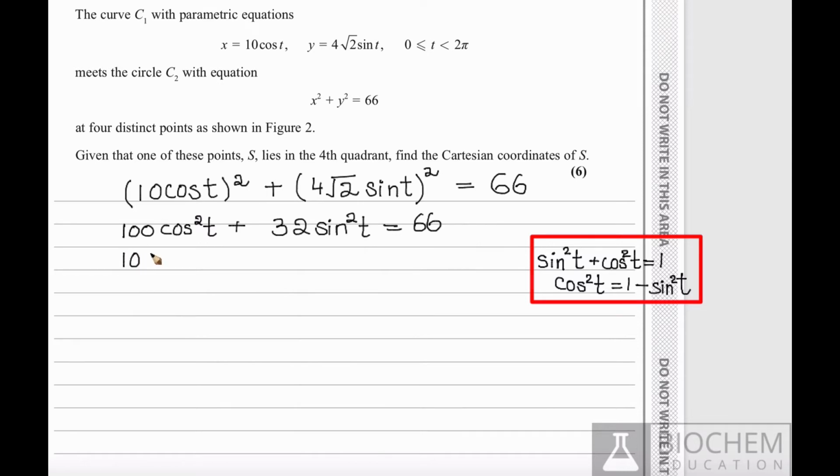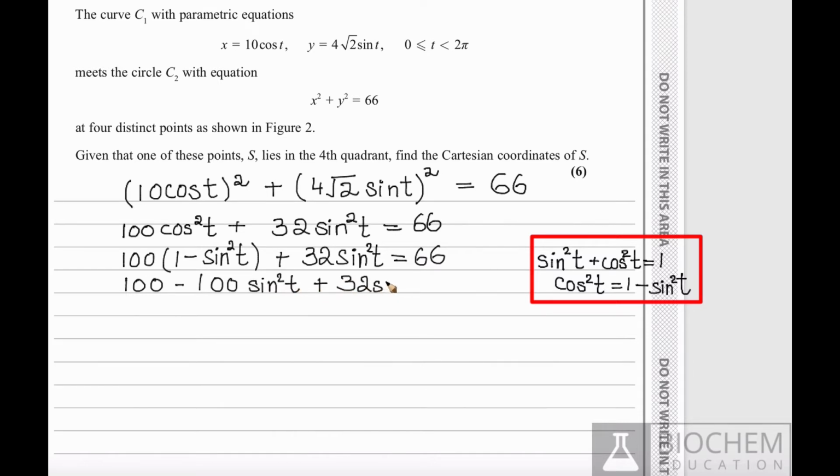Writing it out, we can say 100 times (1 minus sine squared t) plus 32 sine squared t equals 66. Let's expand these brackets out. We can write this as 100 minus 100 sine squared t plus 32 sine squared t is equal to 66.